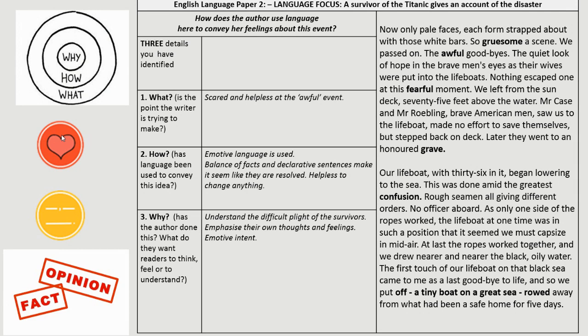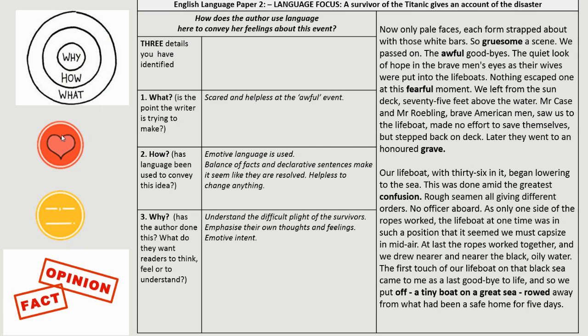Gruesome's quite gory. Remember our lesson last week about connotations? No, it's the week before. The connotations were gruesome. You think of just gore and blood and death and nastiness. It was a gruesome event. And the fact that it's in that short sentence means it's as abrupt as the actual scene itself probably was.